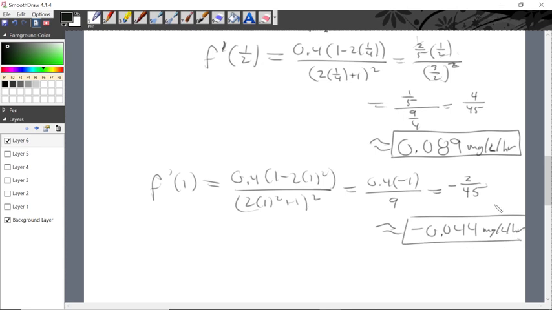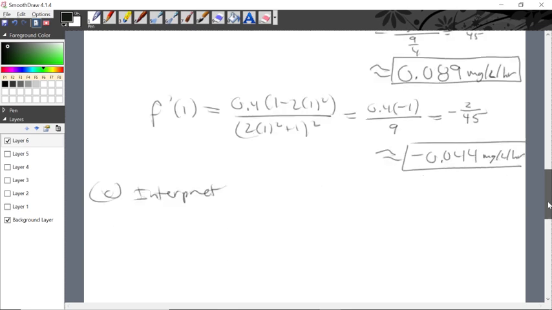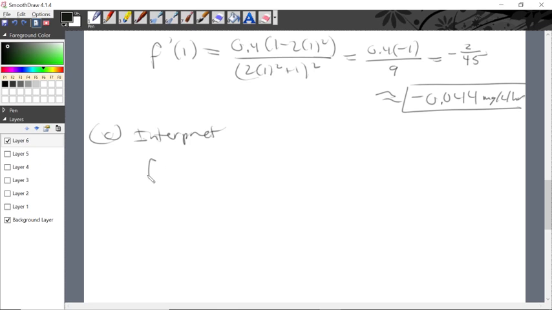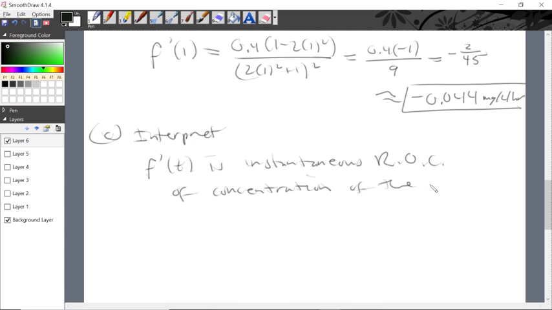Let's move to part C, where we need to interpret our results. In general, f prime of t is the instantaneous rate of change of the concentration of the drug in the bloodstream per hour.